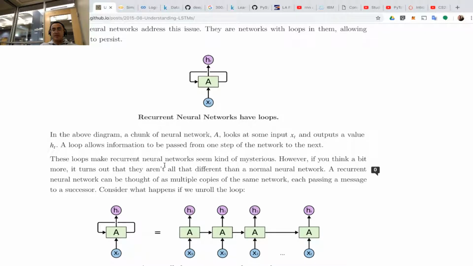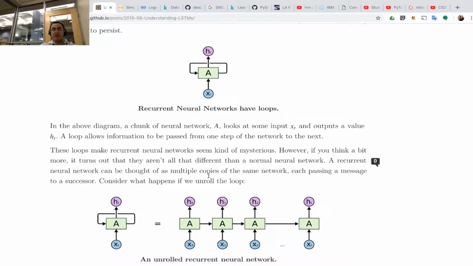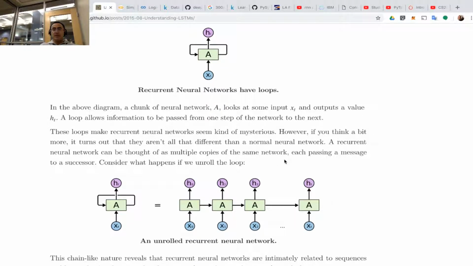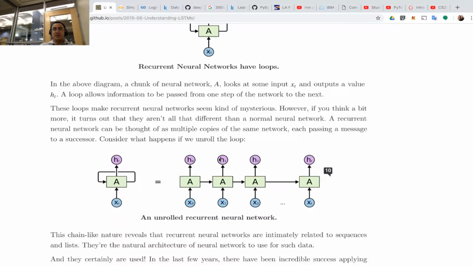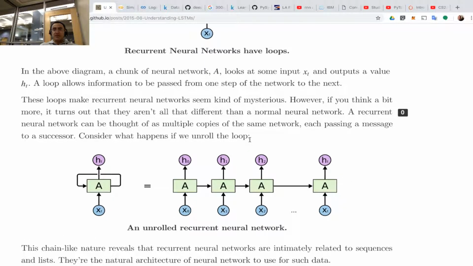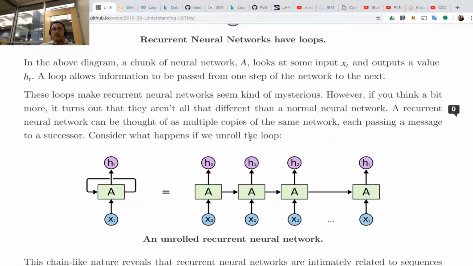Okay, these loops make recurrent neural networks seem kind of mysterious. However, if you think a bit more, it turns out that they aren't at all that different from a normal neural network. A recurrent neural network can be thought of as multiple copies of the same network, each passing a message to a successor. Consider what happens if we unroll the loop.